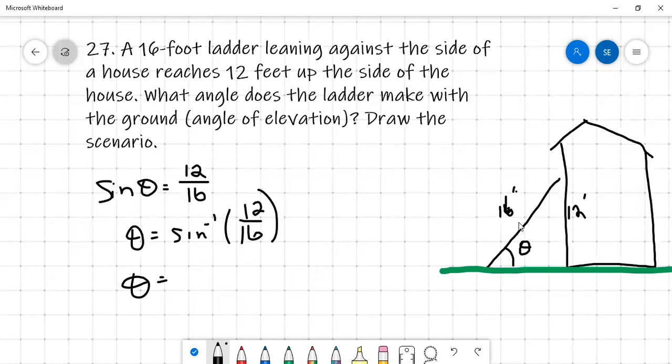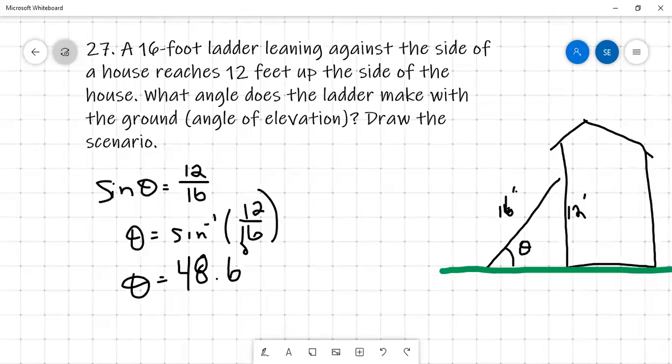I did this in degrees, and when I plug this into my calculator in the degree mode, this calculates to 48.6 degrees. Okay. So I find drawing the picture helps. I'm very visual, but okay.